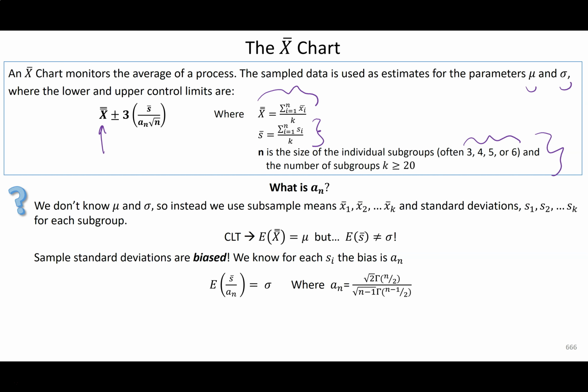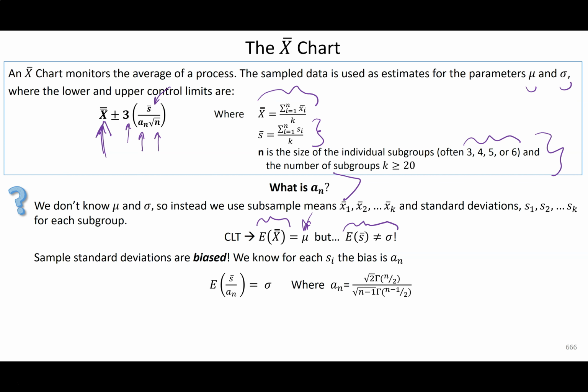So here we have X bar bar plus or minus 3 times the average sample standard deviation, times this A sub n, which we'll talk about in a second, times the square root of n. A sub n is a multiplier that we need to use because the expected value of X bar bar is equal to mu, which we want, but the expected value of S bar is not equal to sigma.